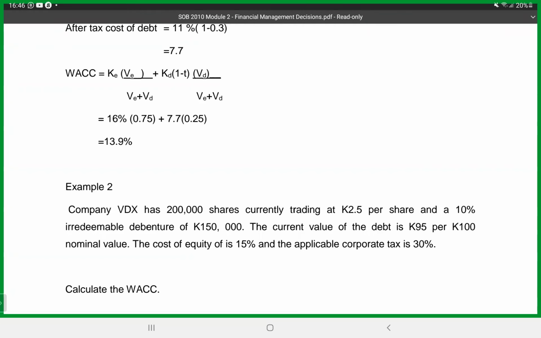So get the 10%, that is the interest. 10% of 150,000, what is it? It is 15,000, isn't it? That is the interest. So the interest is 15,000.